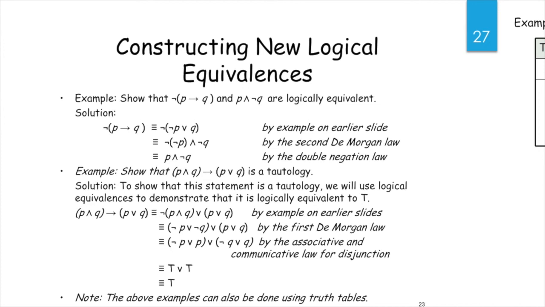Now with the associative law, it's clearly saying here, not P or not Q or P or Q could be converted to not P or P is always what? True. Or not Q or Q is always what? True. True or true is true, so this is a tautology. Who got the same?